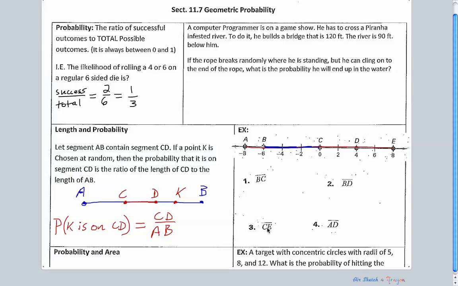BC looks like 2, 4, 6 units, so the probability of landing on BC is going to be 6 divided by the whole thing, and the whole thing is 16 units, right? -8 to +8, and that reduces to 6 over 16, which is 3 over 8.